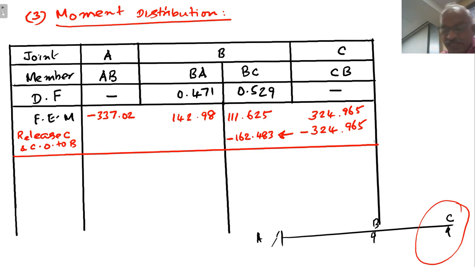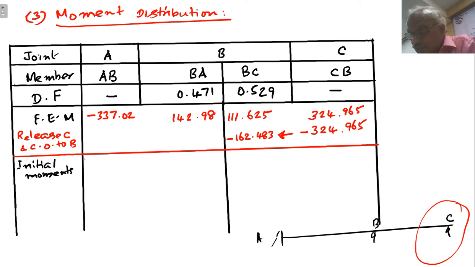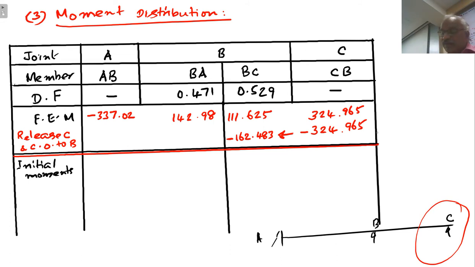Right. Now, next, these will be the initial moments. What we are going to get after releasing are the initial moments. That means for the final addition, you should not consider the values above this. So the values above this will not be considered for the final addition.